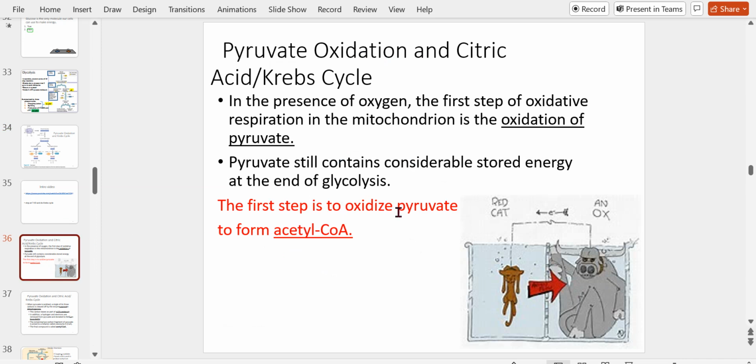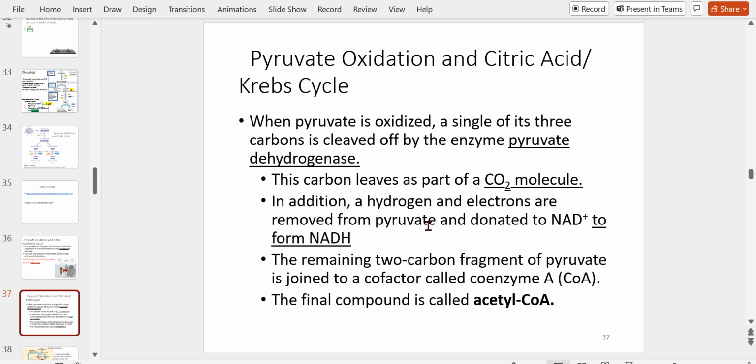These pyruvates still contain considerable stored energy at the end of glycolysis. The first step is to oxidize pyruvate to form acetyl-CoA. Oxidize, what's going to happen there? It's going to lose some electrons. When pyruvate is oxidized, a single one of its 3 carbons is cleaved off by the enzyme pyruvate dehydrogenase.